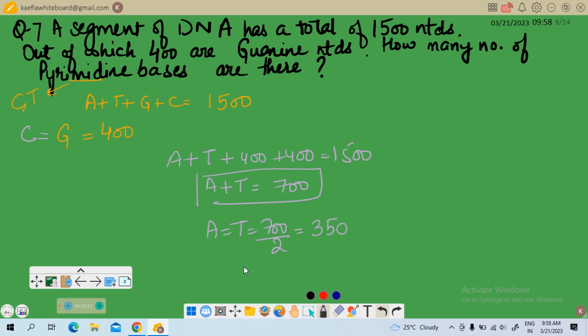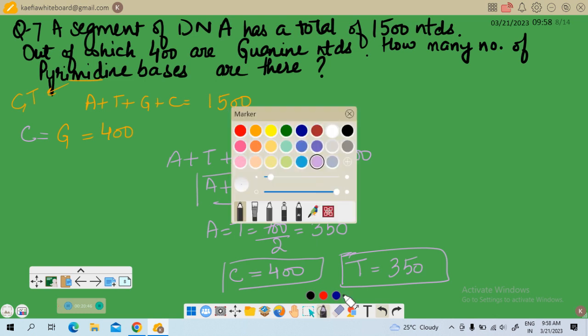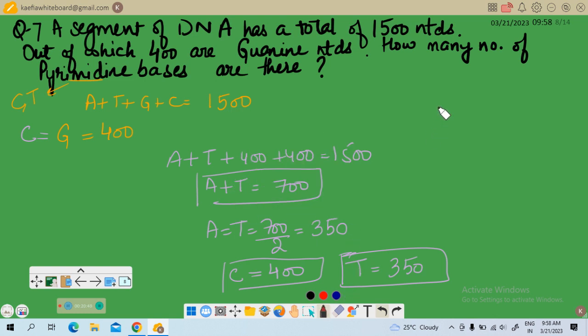Now they are asking for C and T. We know A and T. C we know is 400 and T is 350. So the question says number of pyrimidine bases.